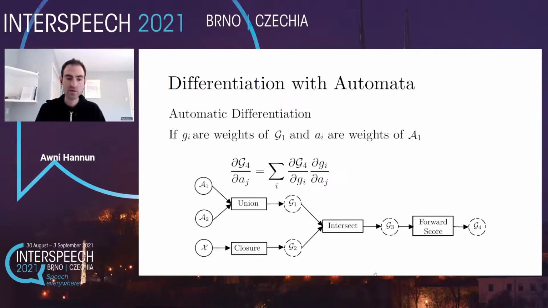As an example, say that we want the derivative of the output G4 with respect to the input A1. Once we have computed the derivative of G4 with respect to the intermediate graph G1, we can use that, along with the chain rule of differentiation, the same idea as backpropagation, to compute the derivative of G4 with respect to A1.